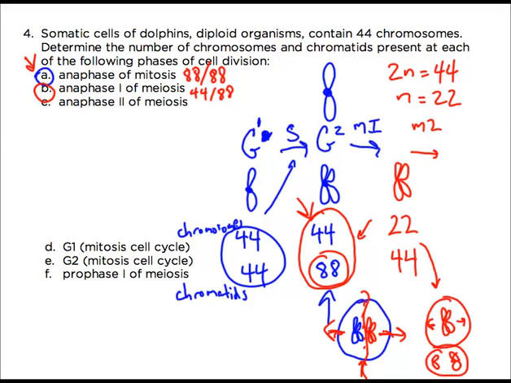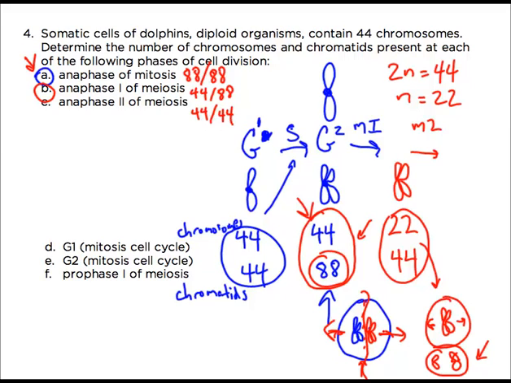So look, we started with 22 chromosomes, 44 chromatids. Wouldn't you agree that the same number of chromatids has to be there? It's got to be true. But now each of those chromatids is actually one chromosome. So at this point, we're going to have 44 chromosomes, and since each of those chromosomes is made up of one chromatid, there would be 44 chromatids.